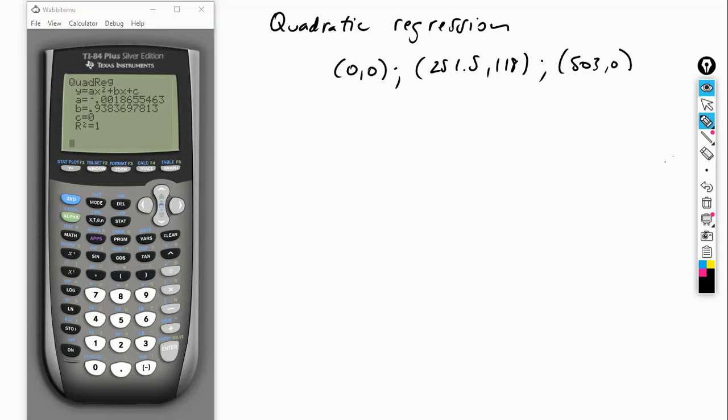The function that would model this situation would be y equals minus 0.001866 x squared, because this is a, plus b, which is 0.9384 times x. Now c is 0, as we had found before. So this function would model the lower span of the bridge.